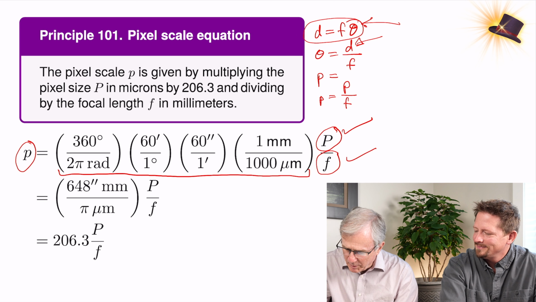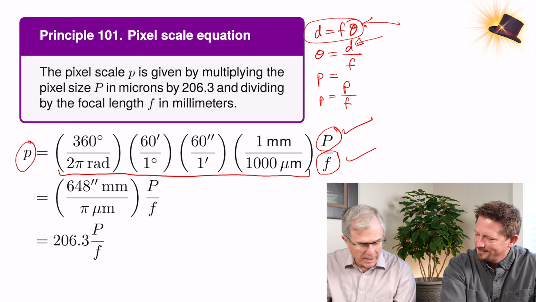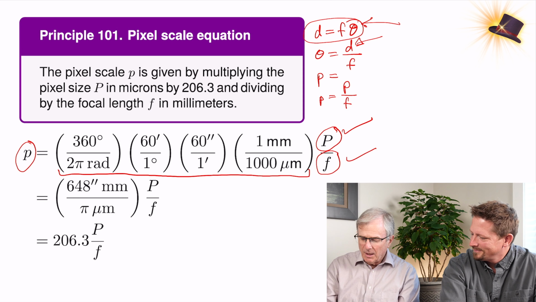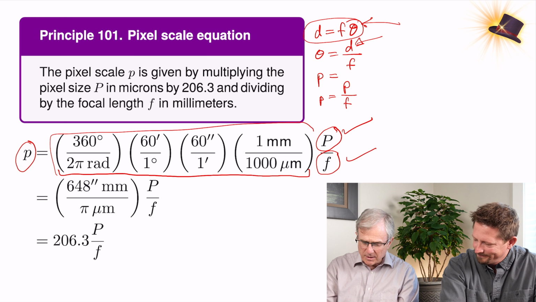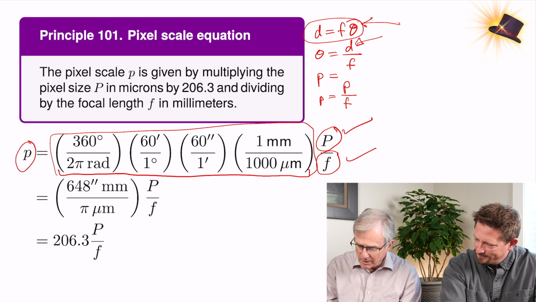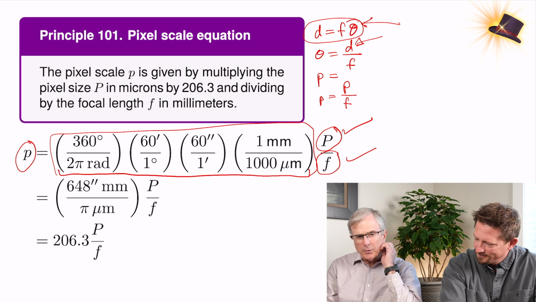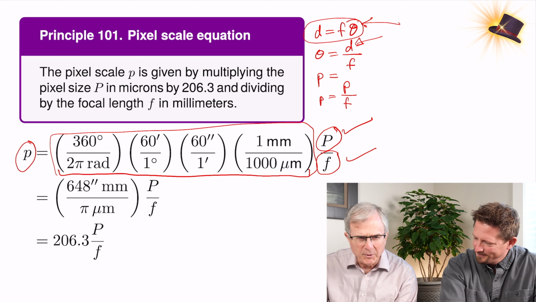I don't know if you remember, but to apply this equation, the angle has to be measured in radians. I want to convert that to arcseconds. And that's where all this gobbledygook comes from. And we go through it more carefully in the book. But I think you see basically where everything's coming from, where the basic dependencies are.